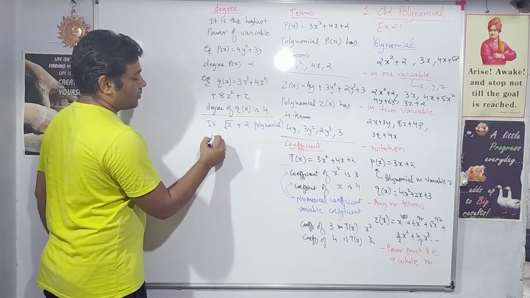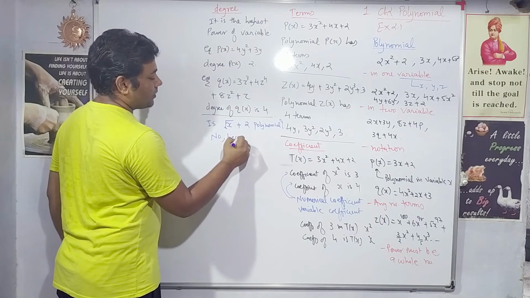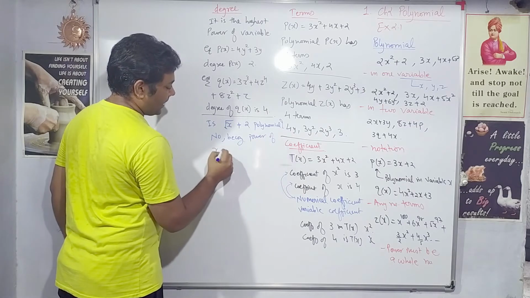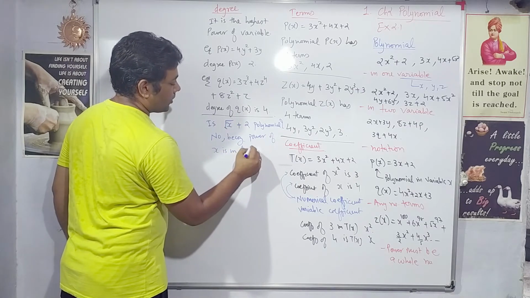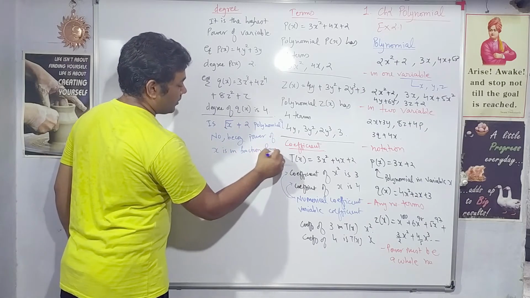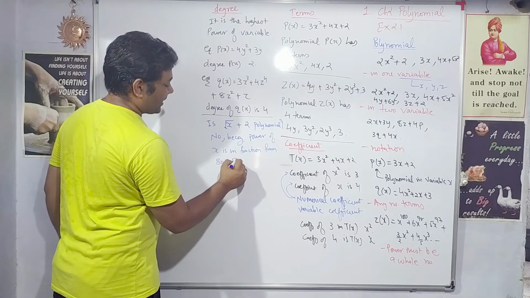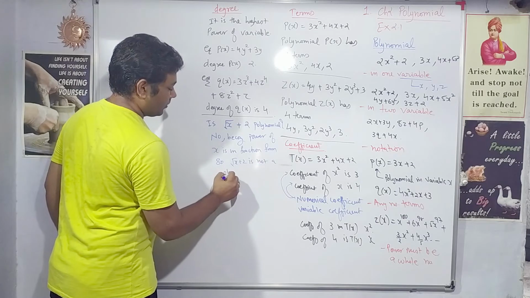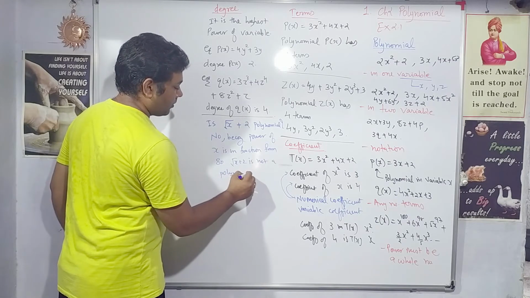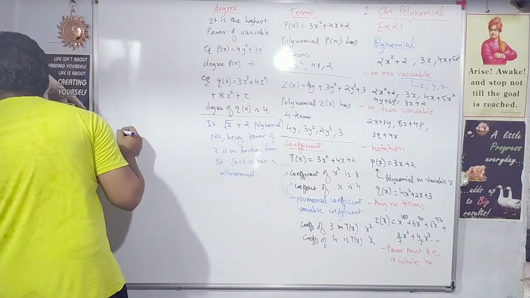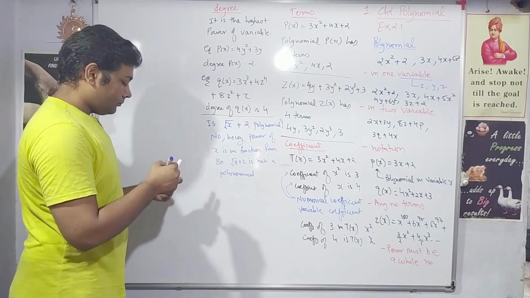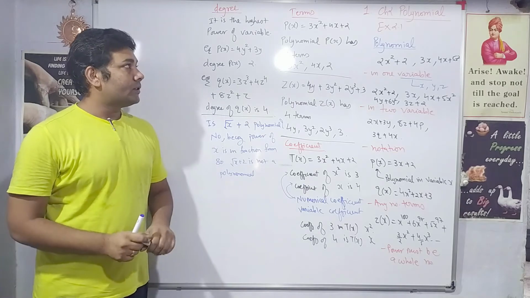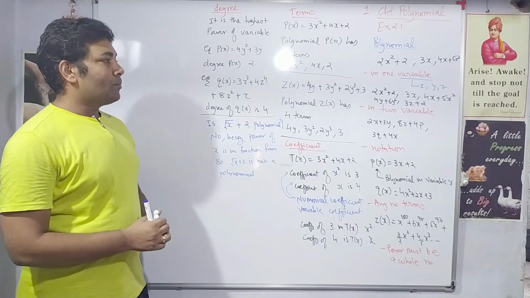Right? So the answer is no. What will be the reason? Because the power of x is in fraction form. So root x plus 2 is not a polynomial. So that is one important thing we have to add for polynomials.